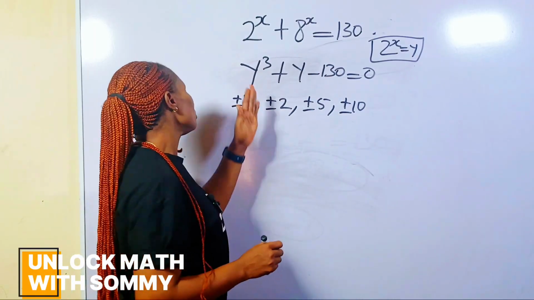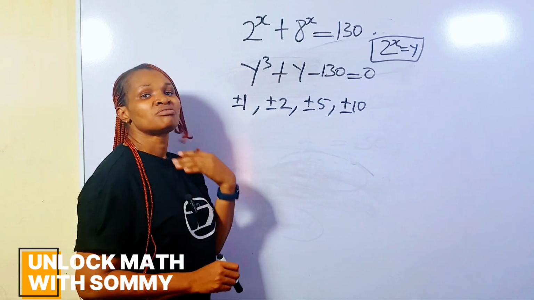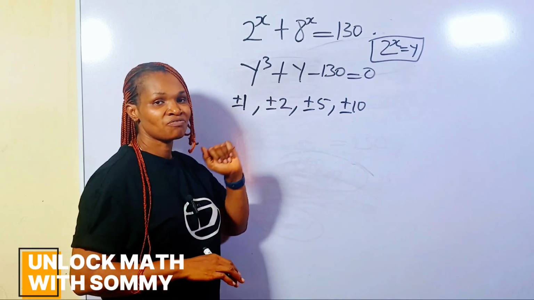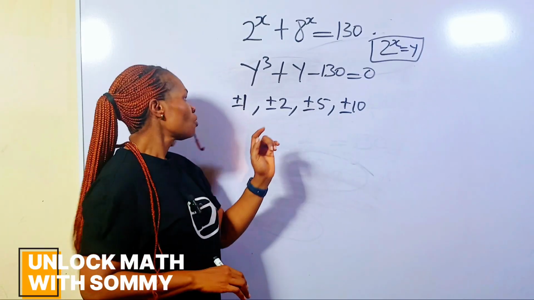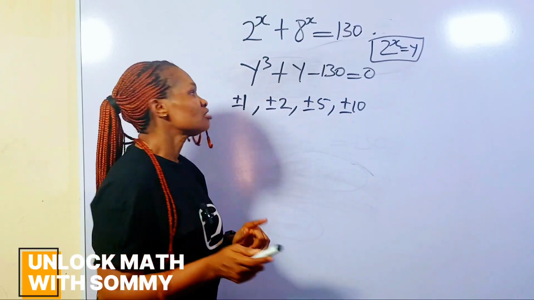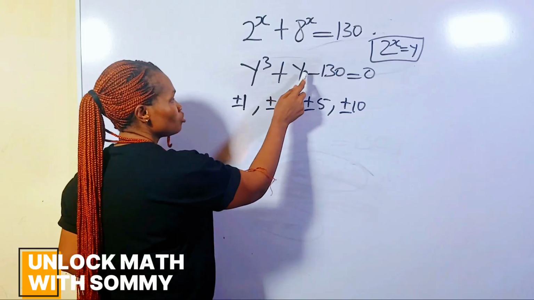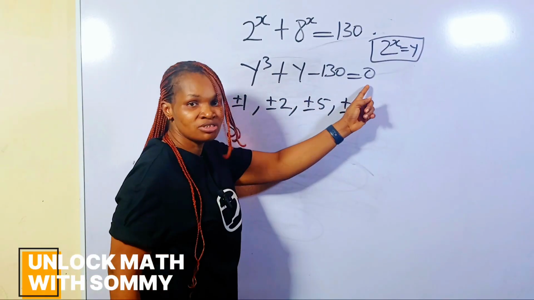Remember, we are finding the root of this equation, and we are making use of the rational root theorem. We bring out the factors of the constant of the equation. So, we are going to apply these factors to find out if the factor raised to power 3 plus itself minus 130 will be able to give us 0.